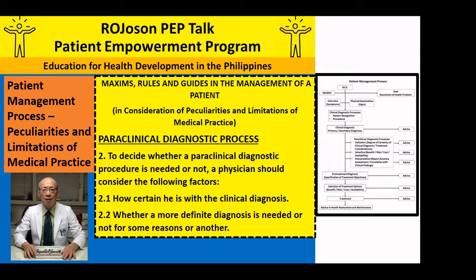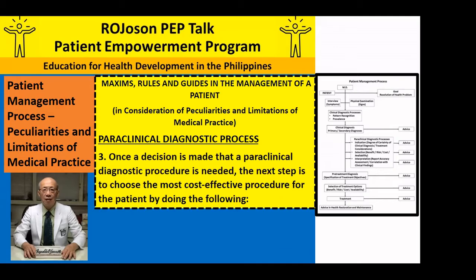To decide whether a paraclinical diagnostic procedure is needed or not, a physician should consider the following factors: how certain he is with the clinical diagnosis, and whether a more definite diagnosis is needed or not for one reason or another.